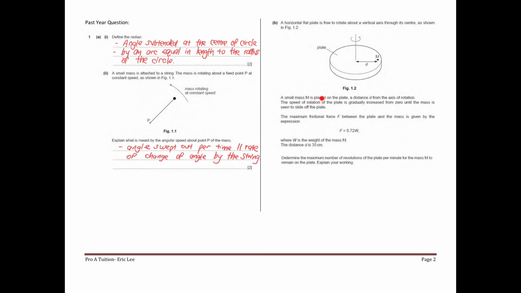The speed of rotation of the plate is gradually increased from 0 until the mass is seen to slide off the plate. The maximum frictional force F between the plate and the mass is given by the expression F equal to 0.72 W, where W is the weight of the mass M. The distance d is 35 cm. Determine the maximum number of revolutions of the plate per minute for the mass M to remain on the plate. Explain your working.